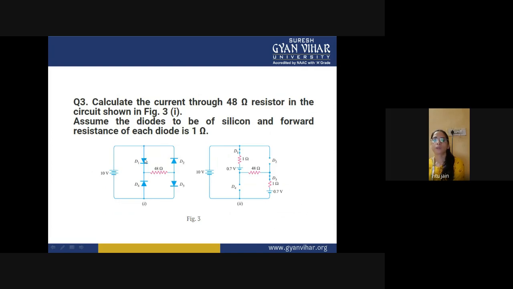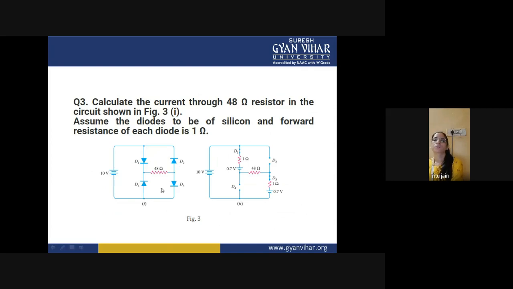So D1 will be in forward biasing because this terminal is positive and this terminal is negative. For D2, the cathode is negative with respect to the anode, so diode D2 will be in reverse biasing.